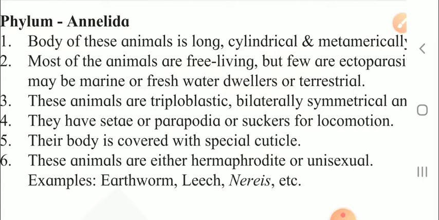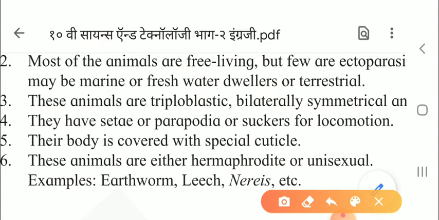When a flat, fleshy, hollow, vertical flap is an outgrowth on either side of the body, that is called parapodia, or you can say it is a pair of appendages or limbs that are used for locomotion or sensation. So keep in mind that the organisms of phylum Annelida have parapodia or suckers.